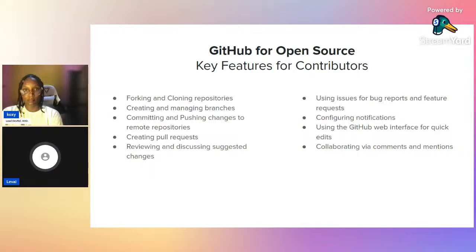Then, on making your first contribution, these are the steps. After finding the project, you create a copy of the project, then create another copy directly on your machine, create a new branch that you'd like to work from, make your changes in your IDE or wherever you're making your changes, commit your changes and push them to GitHub, then create a pull request.